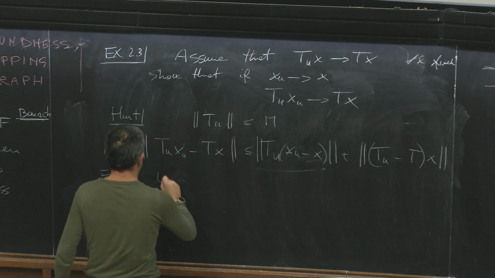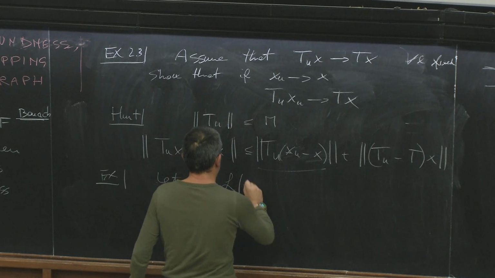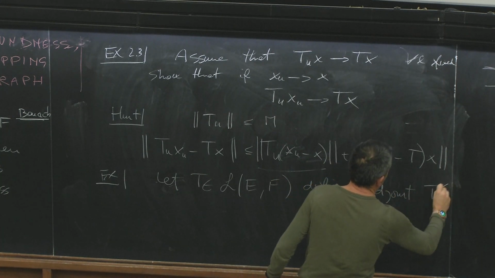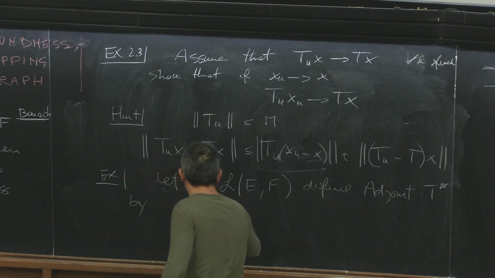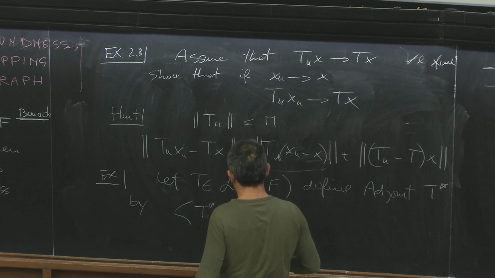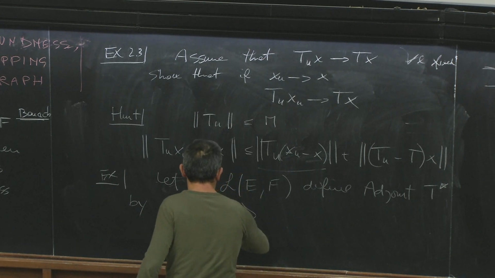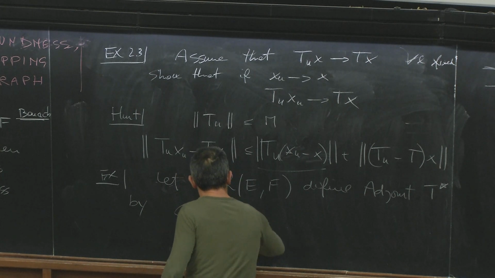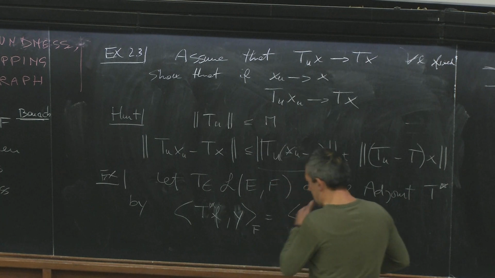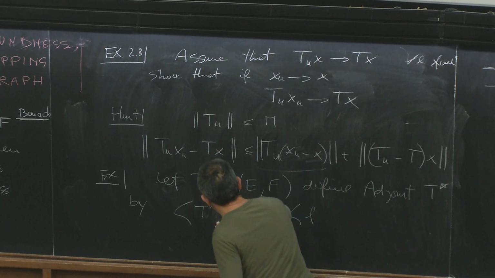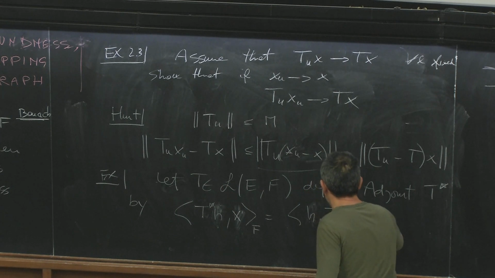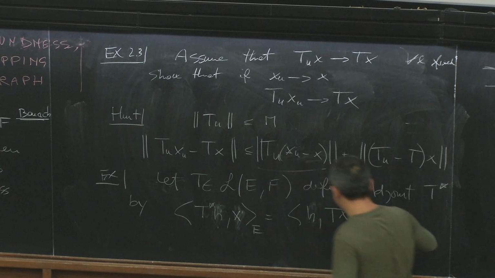Define, so let T be a bounded operator from E to F. Define the adjoint T star by T star of f equal to f composed with T, so that T star f applied to x is equal to f of Tx, where f is in F star and this is in E star.